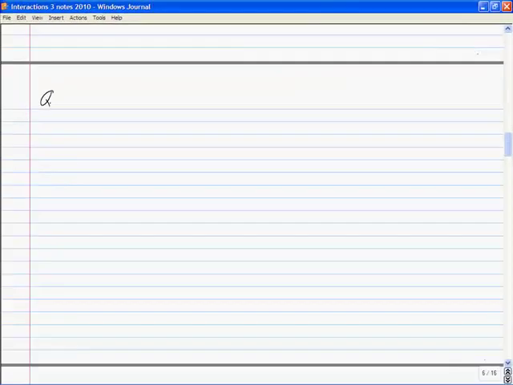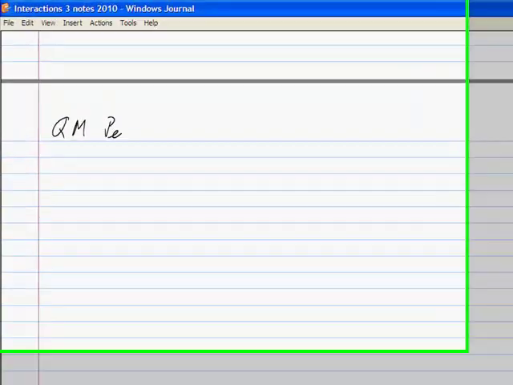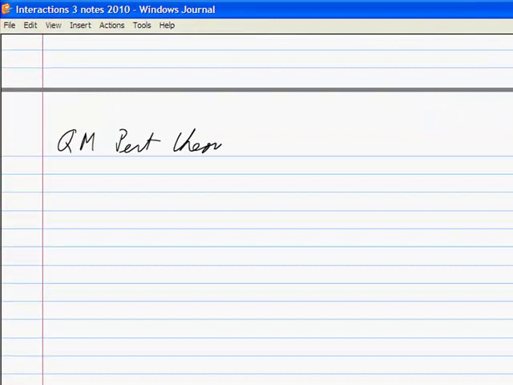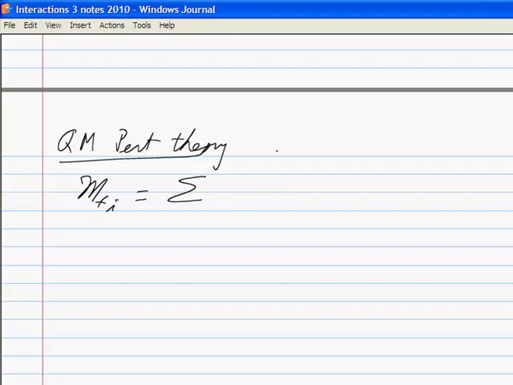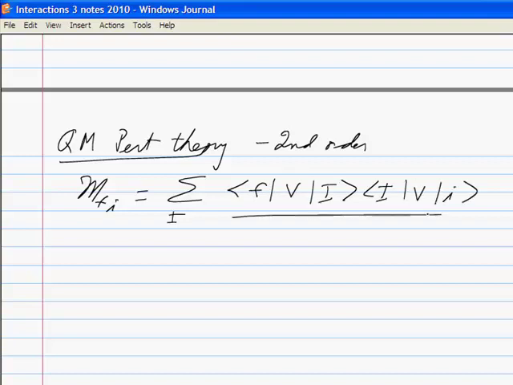The other way is old-fashioned perturbation theory. Remember, perturbation theory says that this matrix element in second order is the sum over intermediate states of V final, intermediate, V initial, over E minus E intermediate.